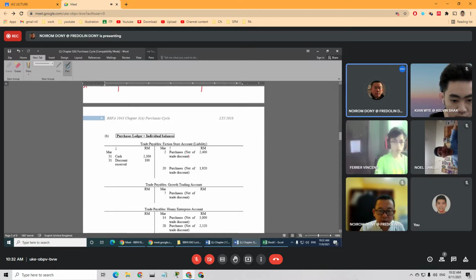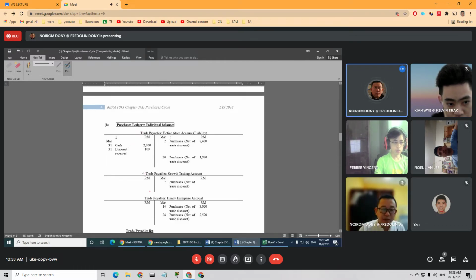Do you get it? The old notes, sir, don't have the March 31st on the left one. This one? Yeah. Oh, that one is because this is combined with other transactions.